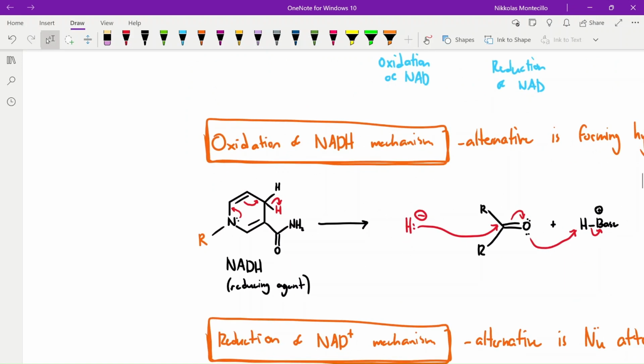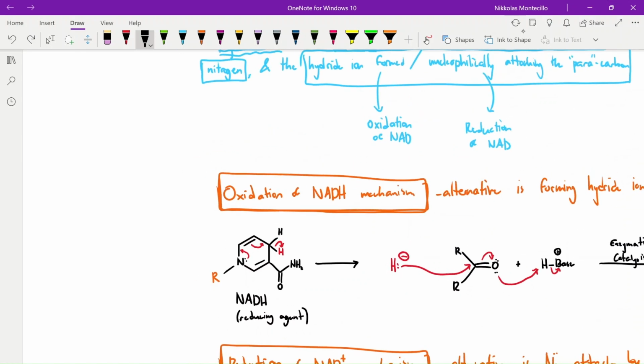So we take a look at the carbon which is literally opposite from the nitrogen. There's the nitrogen itself, and then the hydride ion that forms.